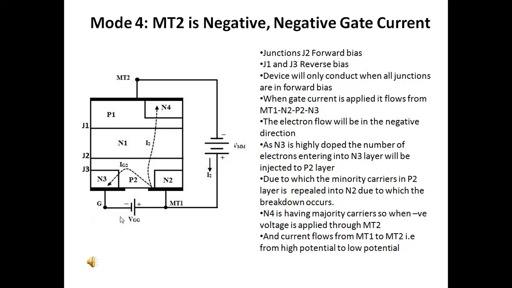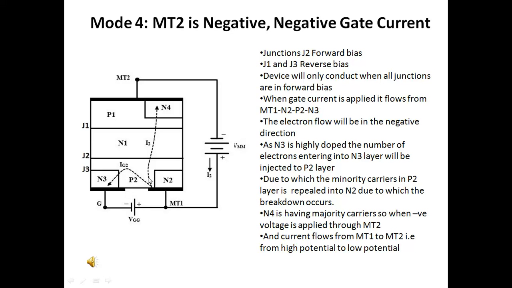And the flow of electrons will be in the negative direction, that is from N3 to P2. As N3 is highly doped, the number of electrons entering through the N3 layer will be injected to P2, due to which the minority carriers in the P2 layer are repelled into N2, due to which the breakdown occurs.